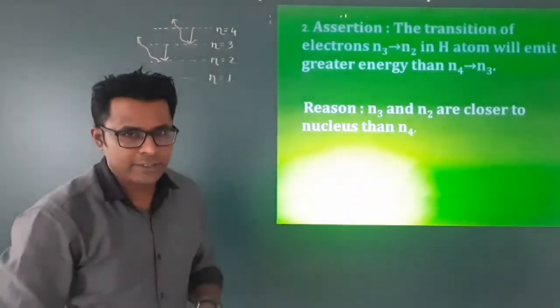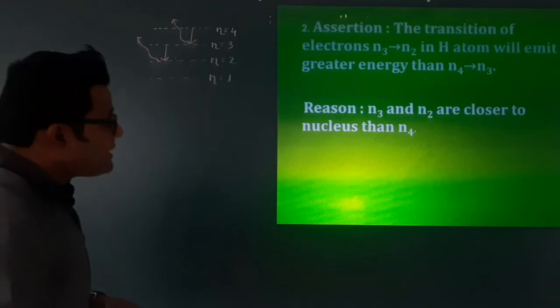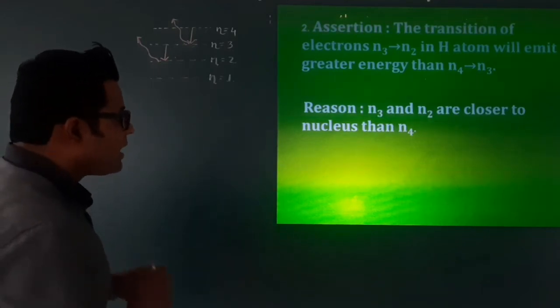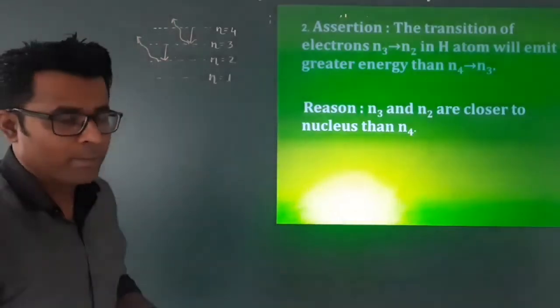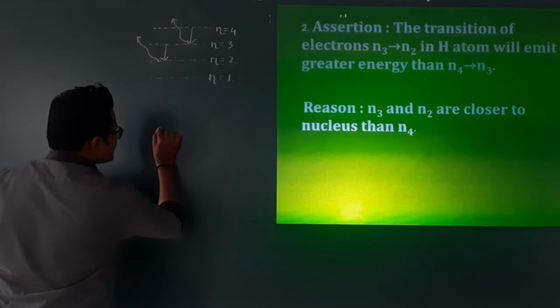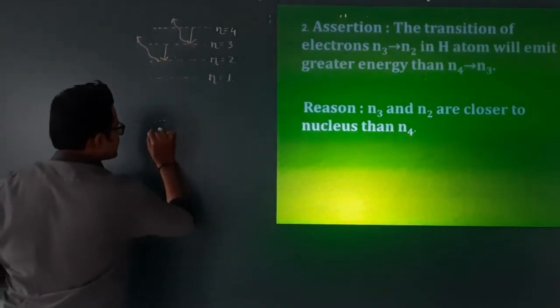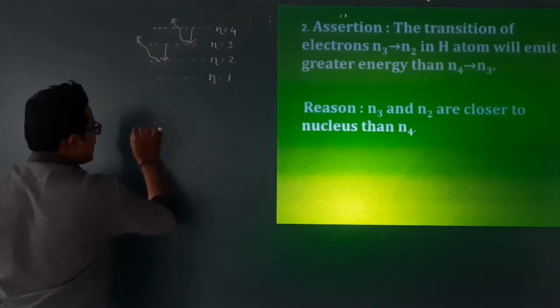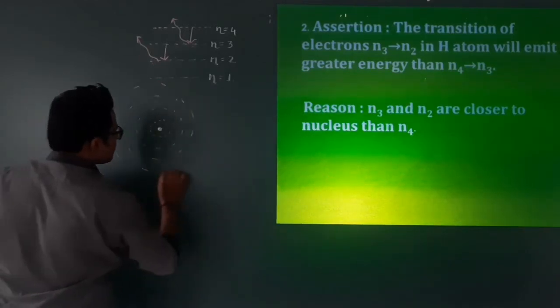Yes, that is correct. What is the second one? What it says? n=3 and n=2 are closer to the nucleus than n=4. Now, in this particular scenario, if we consider that this is a nucleus, let's say this is shell number 1, 2, 3, 4.